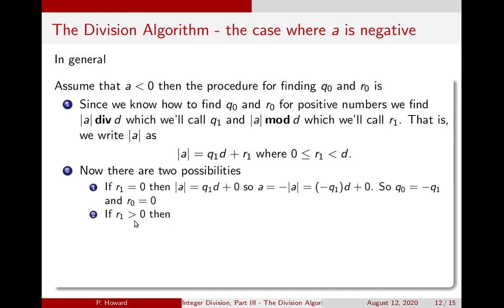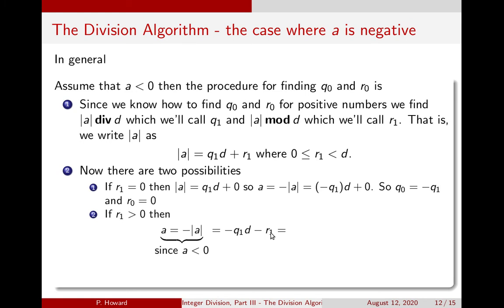If R1 is greater than 0, here is where we begin by multiplying both sides of this displayed equation by minus 1. Okay, if R1 is greater than 0, then a, which is negative, will be minus the absolute value of a, will be minus q1 times d minus R1.